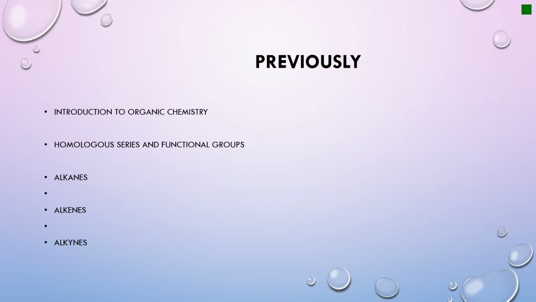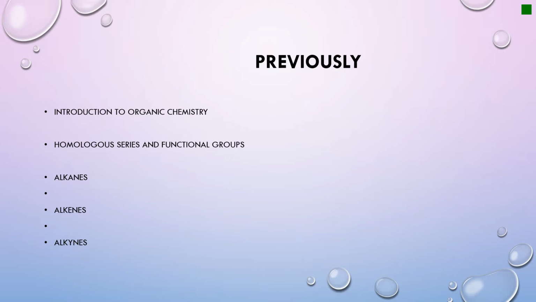Previously, we talked about the introduction to organic chemistry, where we defined organic chemistry as a branch of chemistry that deals with compounds of carbon, with very few exceptions like metal carbides, metal hydrogen carbonates, metal carbonates, oxides of carbon, and a few others.